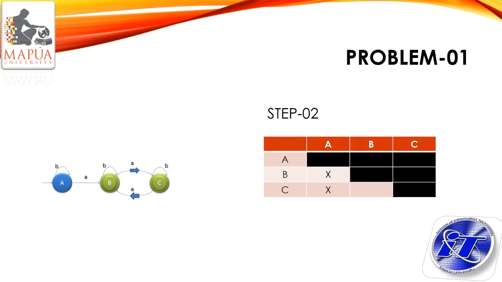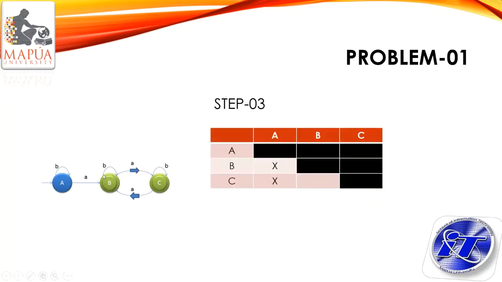And step 3, after marking the non-final and final cells, we're going to check if there will be any further cells that will be marked. But unfortunately, BC again is final, final, so we're not going to mark it.